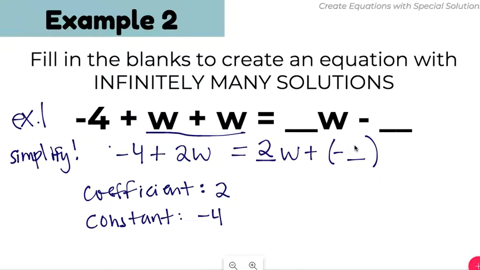I already have my negative sign here, so all I have to put in the blank is a 4. And if you look, I have -4 on the left, -4 on the right. That's good. Don't let the negatives confuse you. There isn't any fancy, crazy strategy you have to do. You literally make sure that the numbers are the same on both sides. And again, if you're ever unsure, just check it.